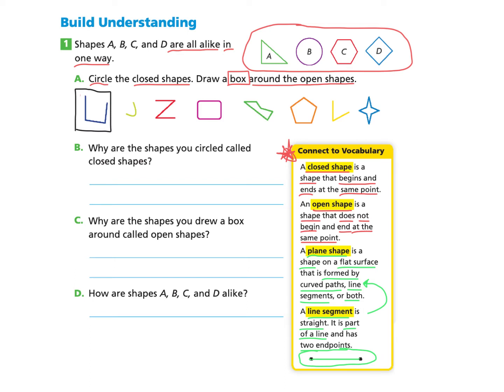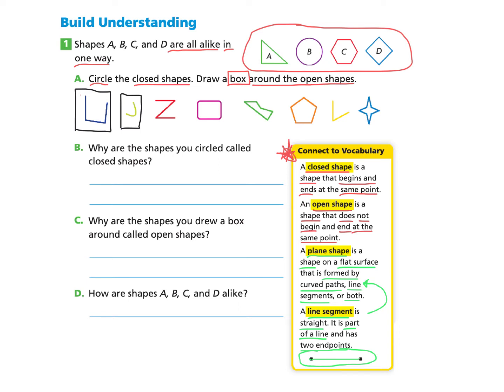Now let's take a look at the next one. Does this shape start and end at the same place? No, it does not. So we'll need to put a box around this shape because it is also an open shape. Again, if you'd like to pause and try this on your own, you can do so, or follow along with me.